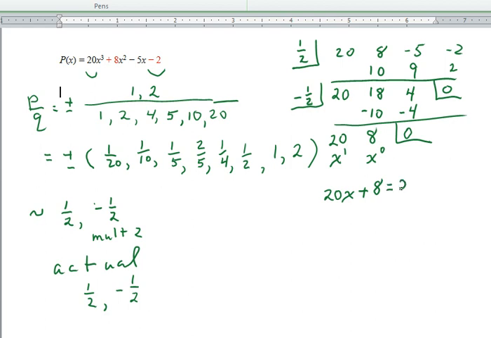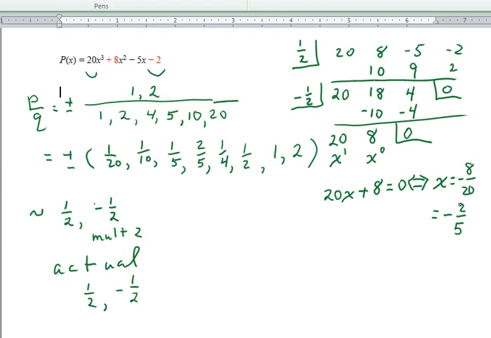It is equal to 0 if and only if x equals -8 over 20, which reduces to -2/5.